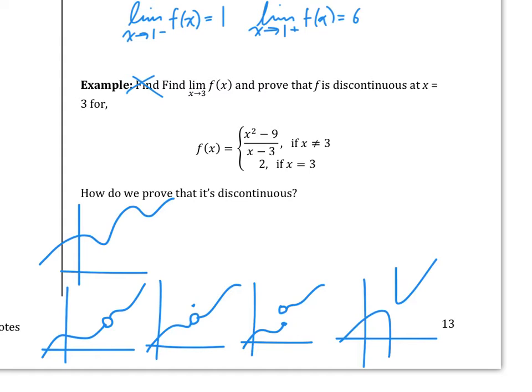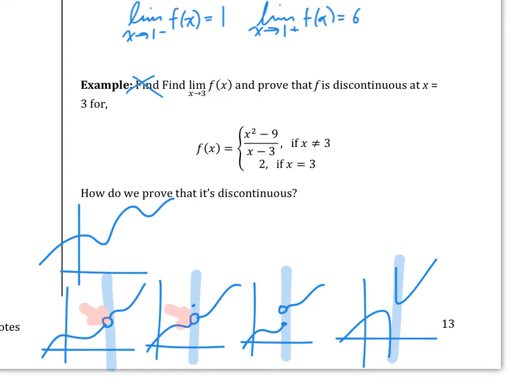Now, what do we see when something is discontinuous? Here are the three places where it's discontinuous, right? So what's going on at that point? Well, for this one, there is a hole. So if we want to prove that it's discontinuous, we have to prove that there is a hole.